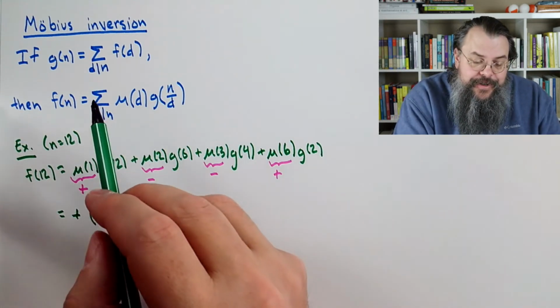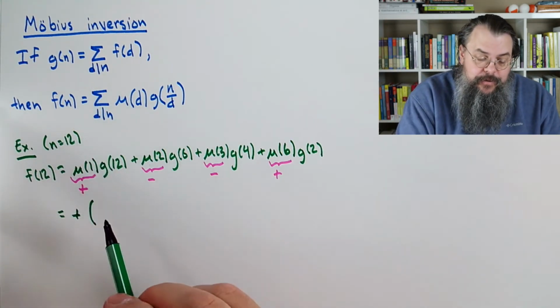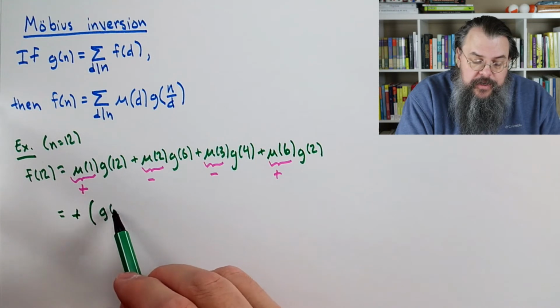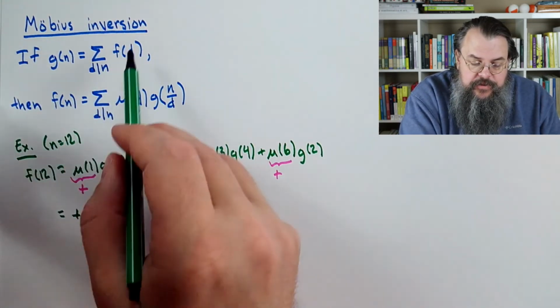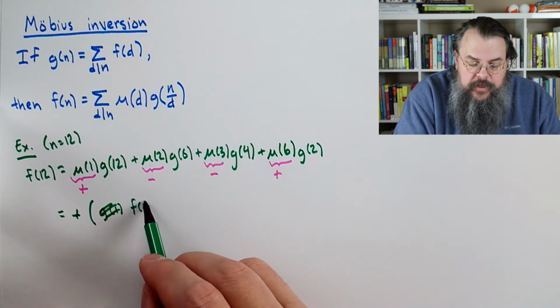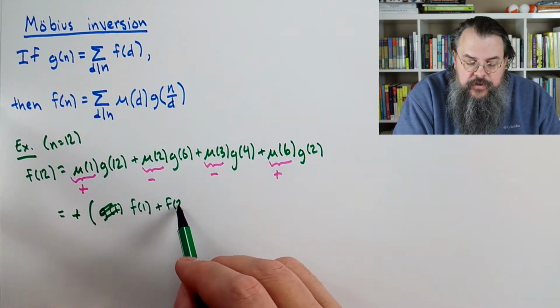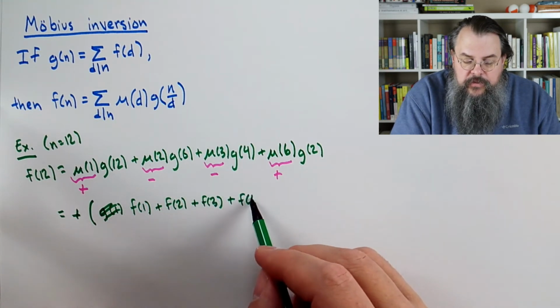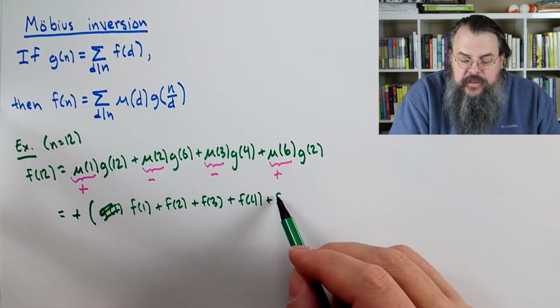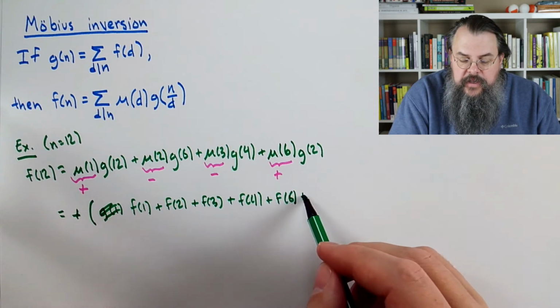What are all the divisors of 12? Well, there's 1. G of 12 would be f of 1. There's 2. There's 3. There's 4. There's 6. And there's 12.